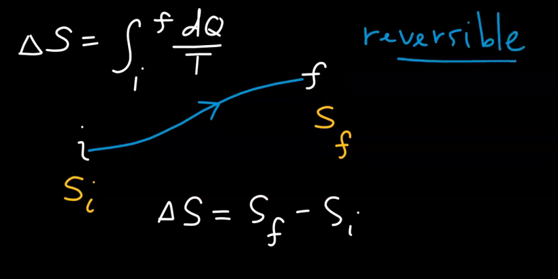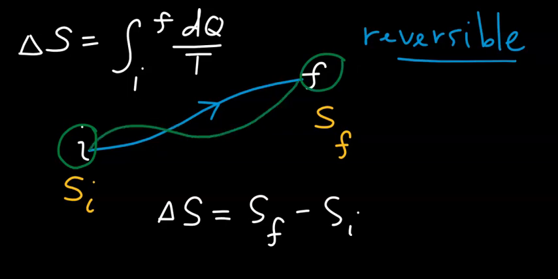So the question is, how do we compute the change in entropy if the system starts from the same initial state and evolves to the same final state, however following an irreversible process, such as the one shown in green?